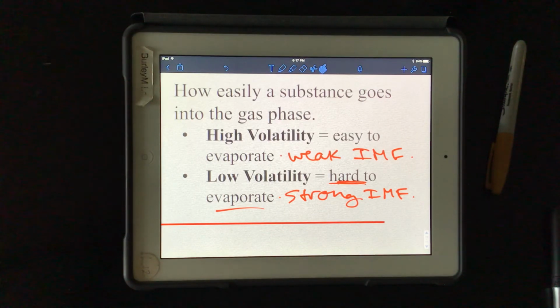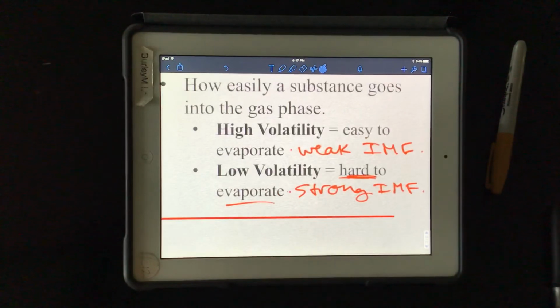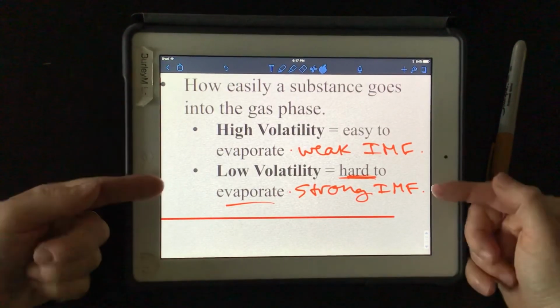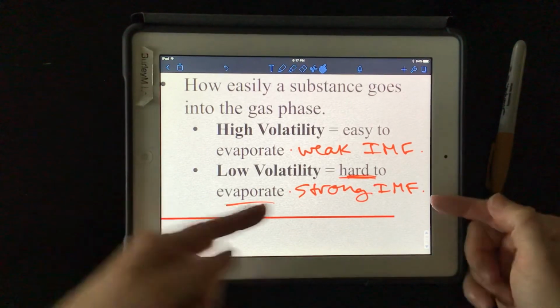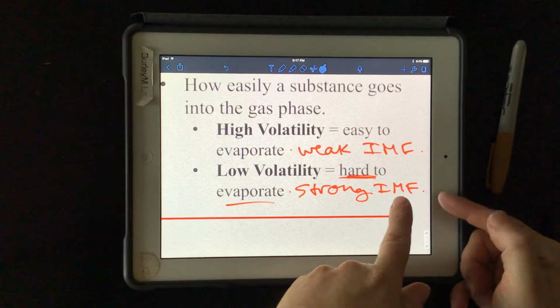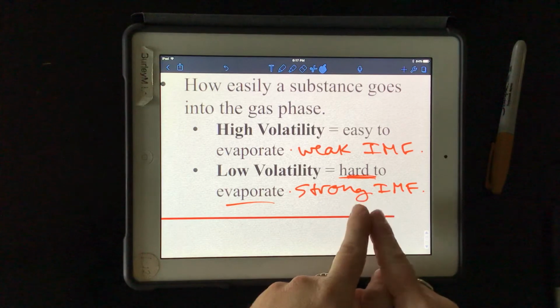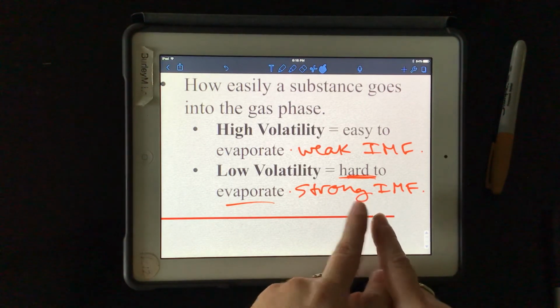And so we have to give lots and lots of energy to it in order for it to separate into the gas phase. So things with high boiling points have strong intermolecular forces because it takes more energy to break those molecules apart from each other.